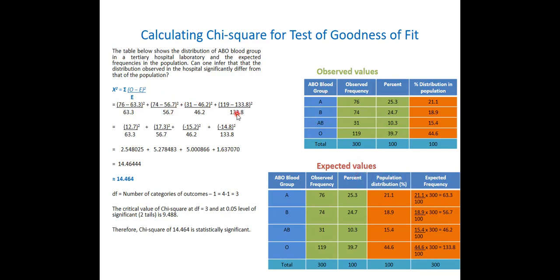For group AB, the 31 observed minus 46.2, squared, over 46.2. For group O, the 119 observed minus 133.8 expected, squared, over the expected. When you do it, you see that before you square it, when you subtract, about half of the differences will give you negative values, because there are 4 categories.